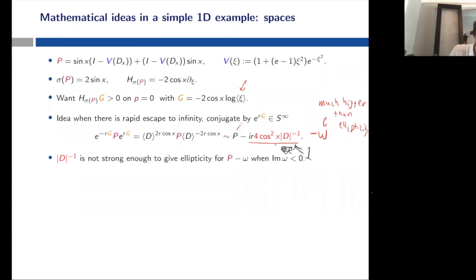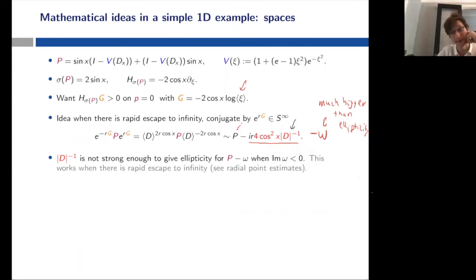But because we have slow escape to infinity, this is now a D inverse, and so it doesn't beat the imaginary part of any fixed omega. Okay, so what's the fix? And sorry, by the way, I should point out that this is essentially how you prove these so-called radial point estimates due to Melrose, Vasy, and so on. You conjugate precisely by such a thing.